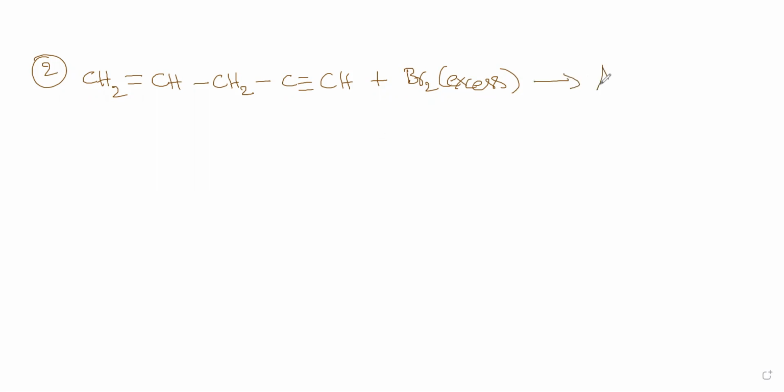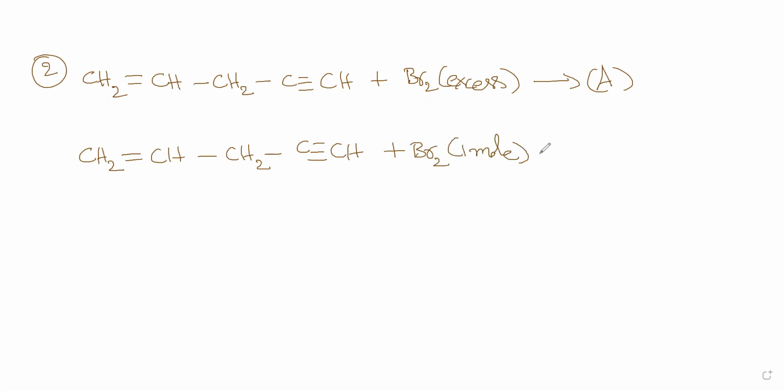This is product A, they asked to predict. And the other one is CH2 double bond CH, CH2, C triple bond CH plus Br2, 1 mole. This is B. Predict A and B. This is the question.